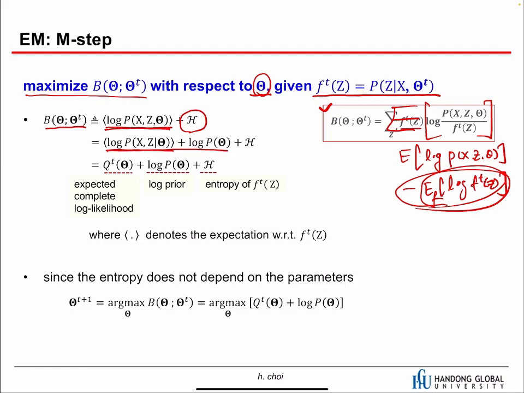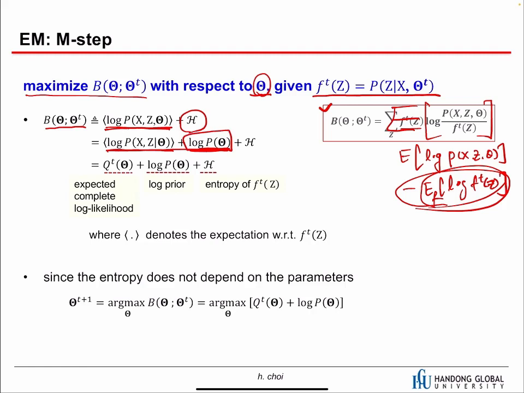The first one is the expected complete log likelihood, and this one is a log prior, because in this case this one has nothing to do with f. So the expectation is just this one.